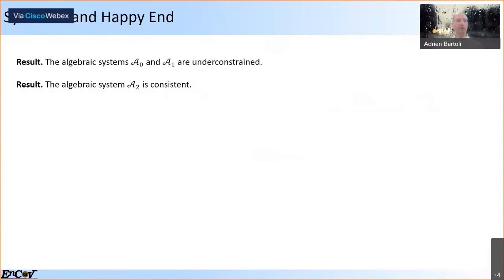So the main result, like I was saying, is that at 0th order and 1st order, this is always under constrained, no matter how we put things. But a strong result we obtained is that if we go to 2nd order, then it starts to be well constrained, and we can start solving locally.